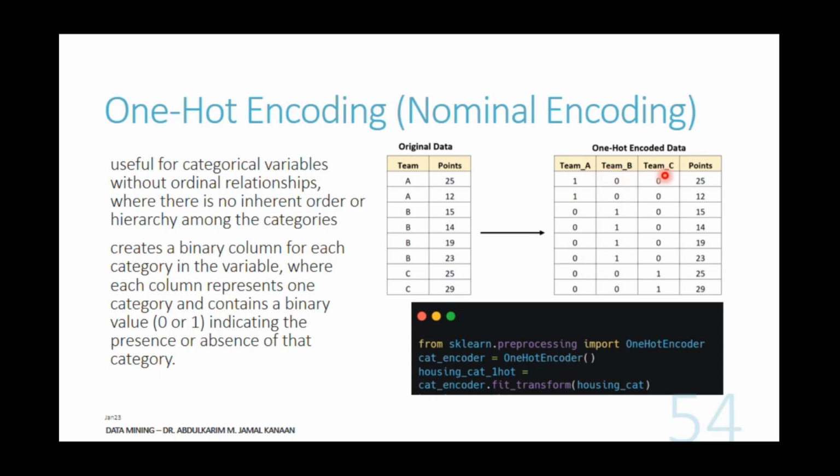How to apply in Python? You see, just 2 or 3 lines. You import the class, OneHotEncoder, you create an object, then you call fit and transform. You can go home and try.